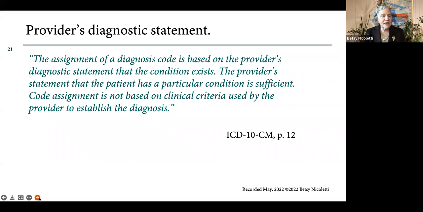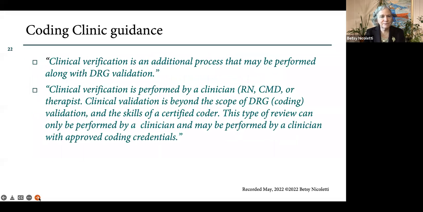The provider's statement that the patient has a particular condition is sufficient. Code assignment is not based on clinical criteria used by the provider to establish the diagnosis. So when we sometimes question things, just remember ICD-10 tells us the provider's statement is sufficient.